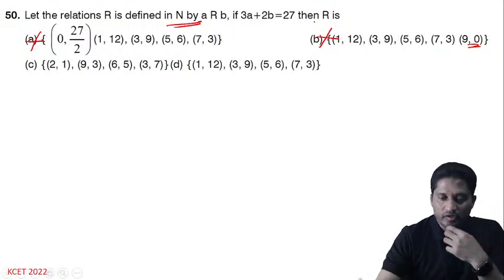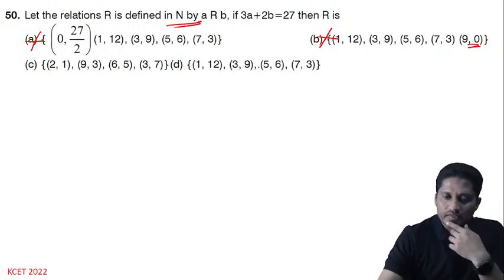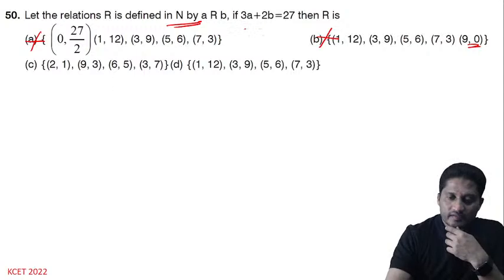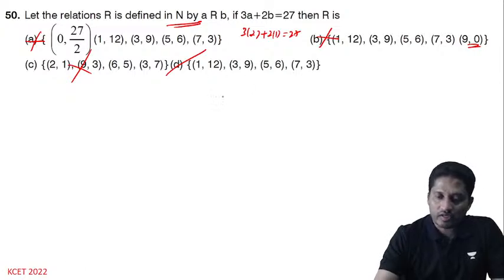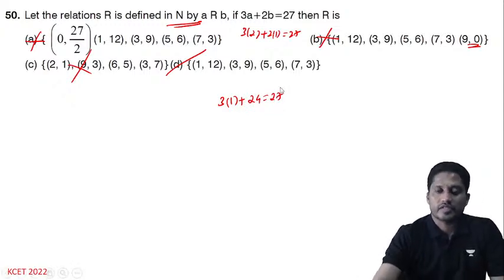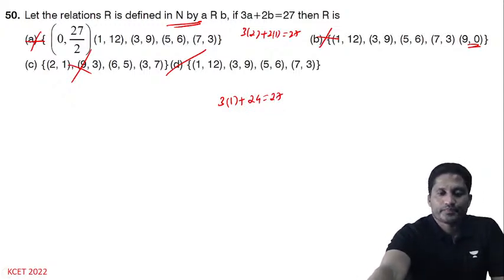Now if I check with the options, even (2, 1) doesn't satisfy here. 3 into 2 plus 2 into 1 is equal to 27? Even this is not possible. Answer should be D. You take all the ordered pairs and substitute. 3 into 1 plus 24 is equal to 27. You check all, it will satisfy. So D only, guys.